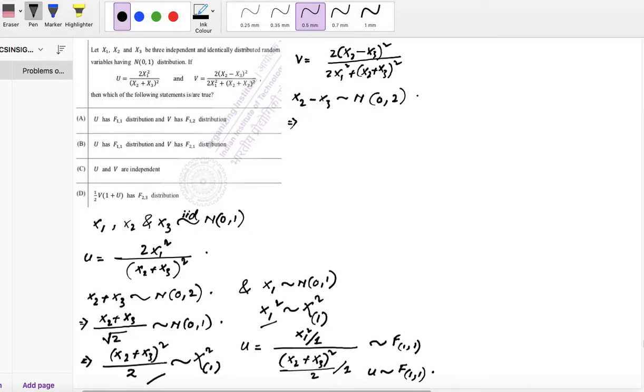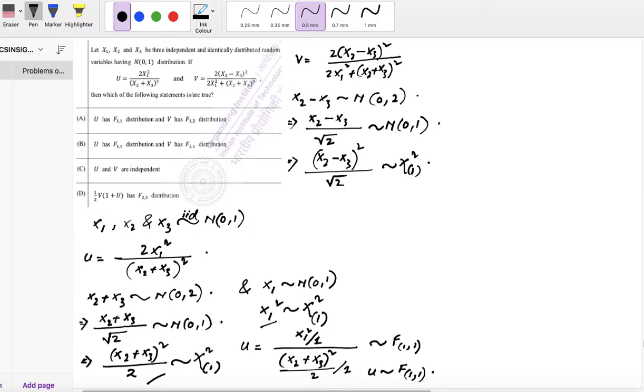Then we can further reduce it to chi-square by scaling the x2 minus x3 variable. We have scaled it by root 2. This would follow normal 0, 1. And it is obvious that if we square it, it would follow chi-square with 1 degree of freedom.